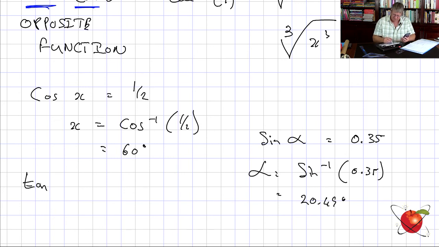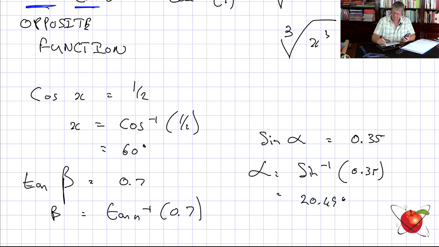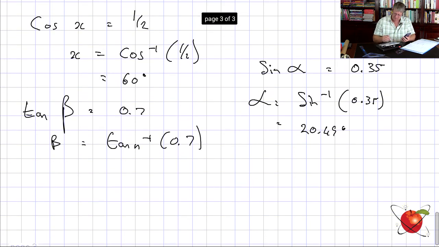Tan of beta is equal to 0.7. Therefore, beta is equal to arctan of 0.7. We look it up: shift tan, 0.7, equals 34.99, which you'd actually round to 35 degrees.